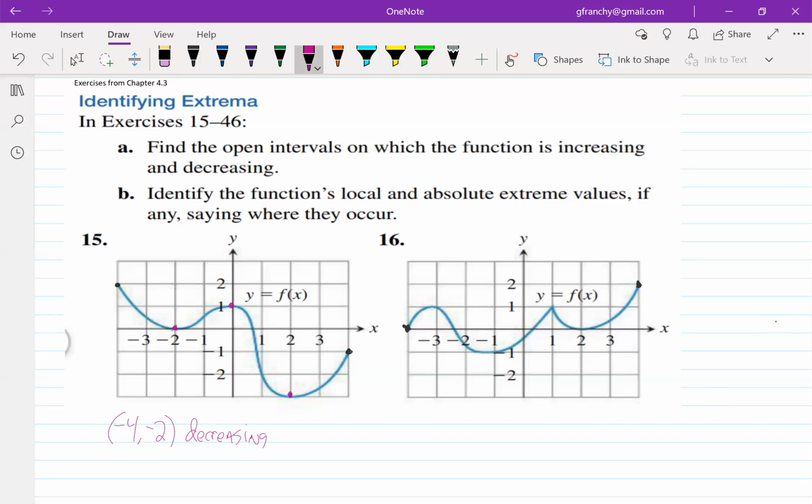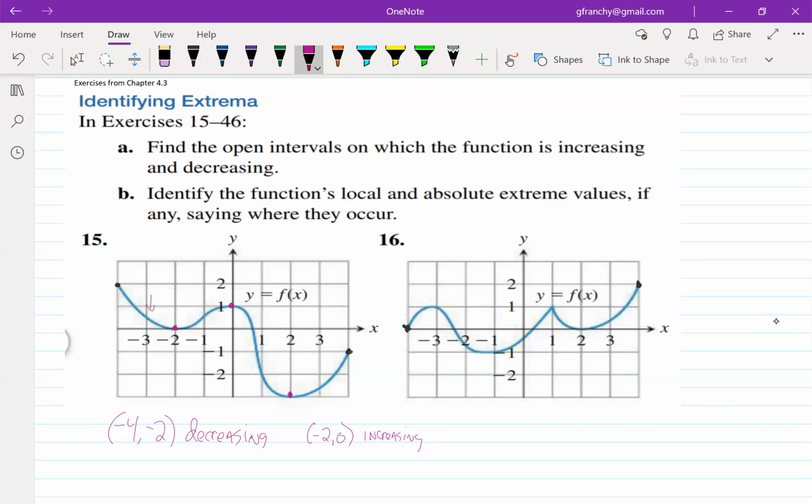So our next interval, from -2 to 0, our function is increasing.